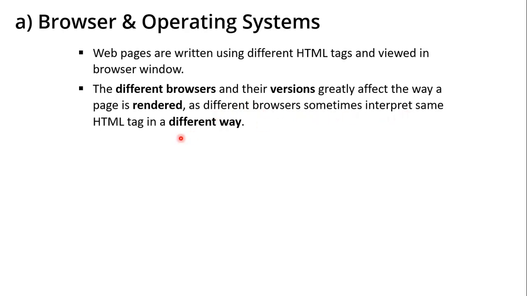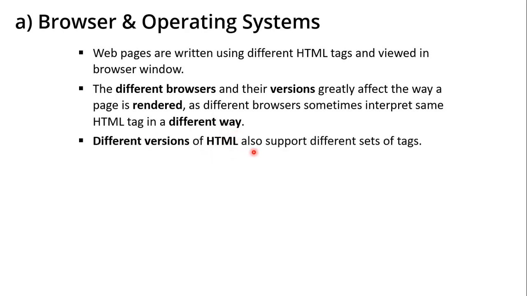So you are using some web pages written in HTML tags, but if you open them in Opera and if you open them in Firefox, then they will appear in a different way. This is the point. Different browsers sometimes interpret the same HTML tag in a different way, so it is represented in a different manner.